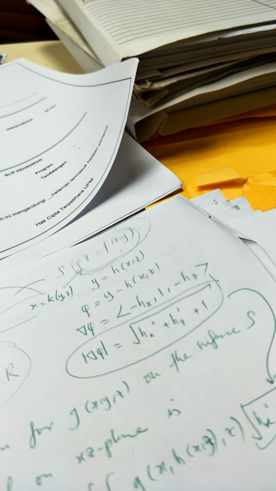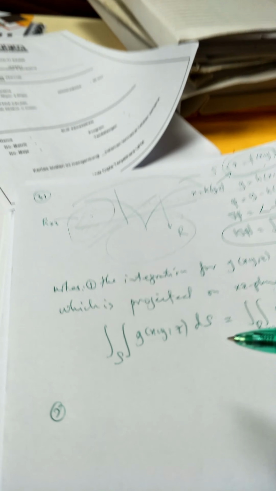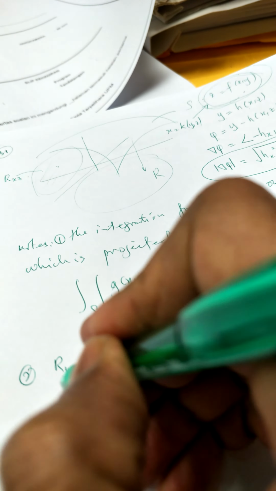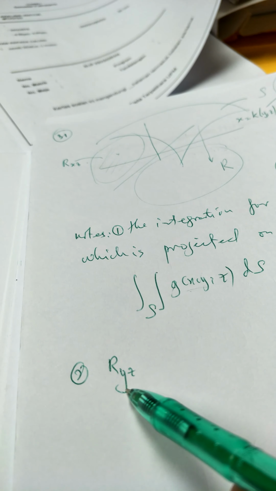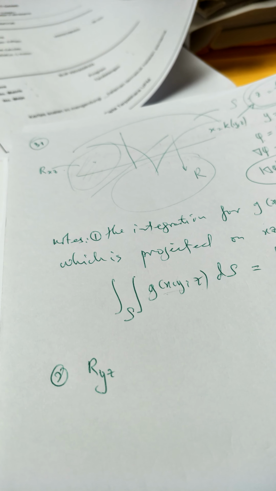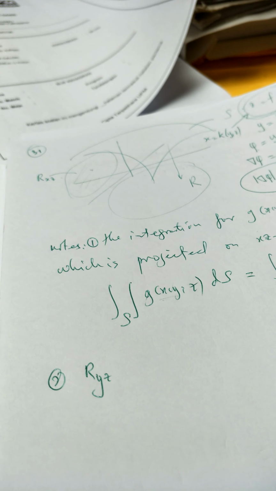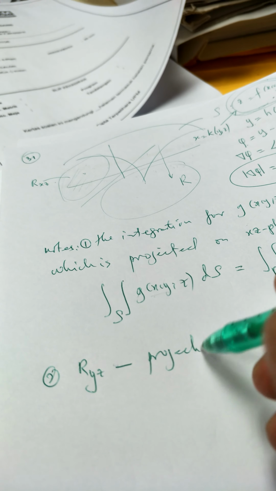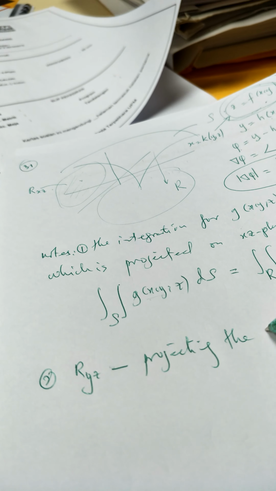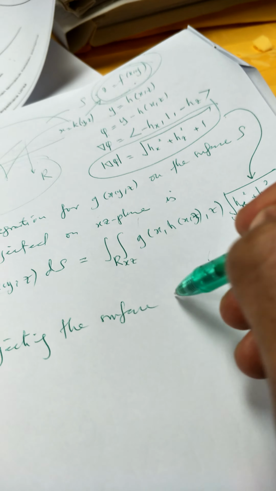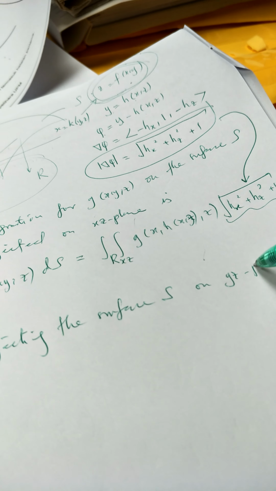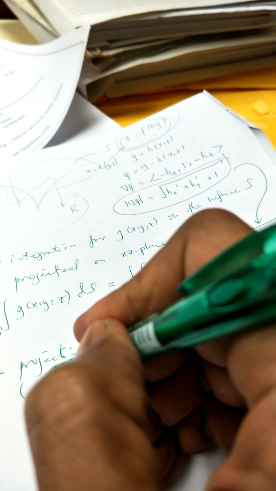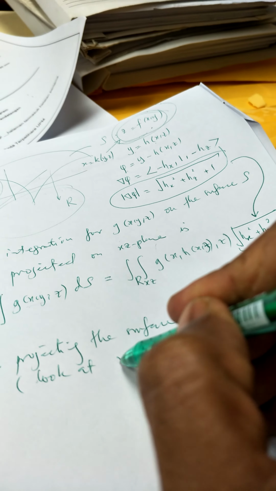Let's say R_yz, we obtain R_yz by projecting the surface on the yz plane, or in other words, we look at x positive.